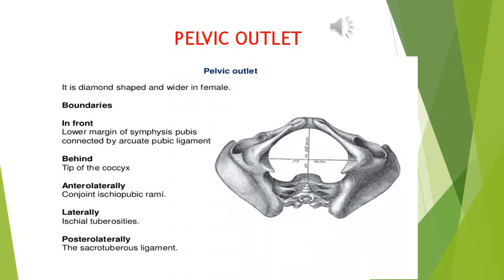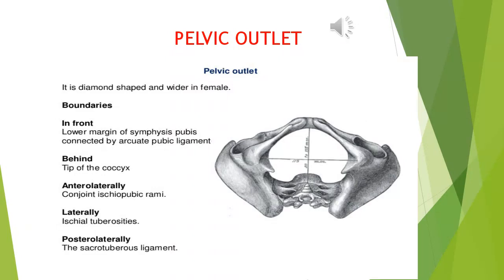The pubic arch is formed by the ischiopubic rami of the two sides and by the lower margin of the pubic symphysis, which is rounded off by the arcuate pubic ligament. Here on the inferior aspect of the pelvis, if you view the pelvic outlet, you will come across the subpubic angle.